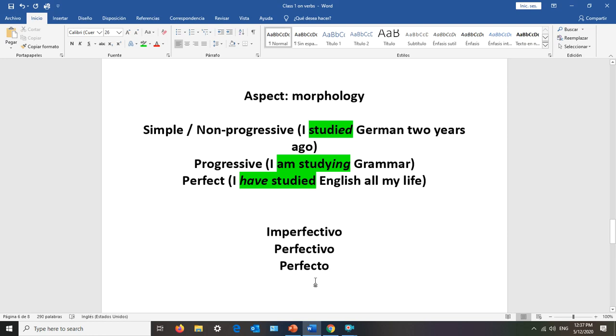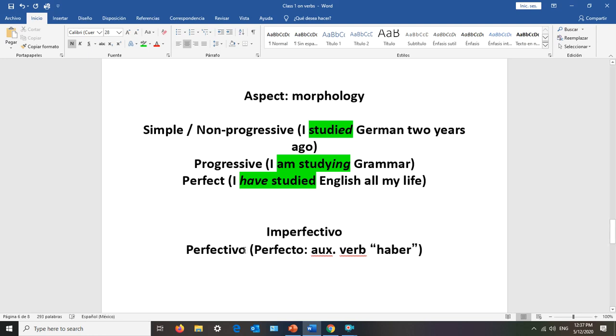So we can use this label perfecto as synonymous for perfectivo, making the distinction into two, imperfectivo or perfectivo for Spanish. The thing is that when perfecto is in use, there is an emphasis on the employment of the auxiliary verb haber, right?